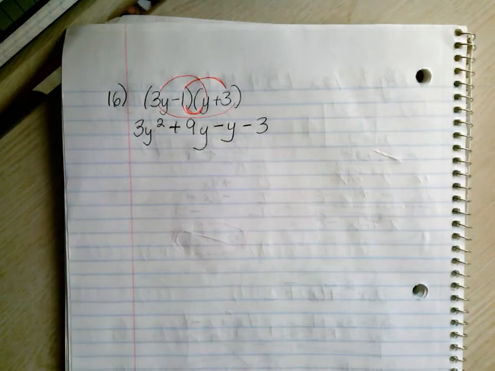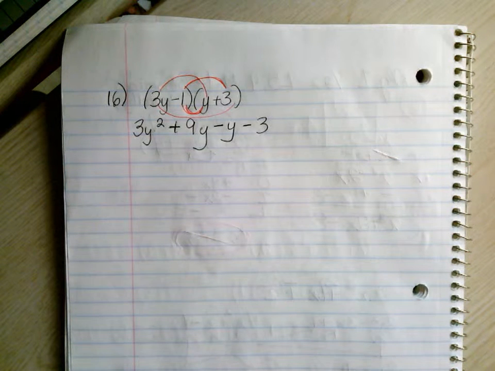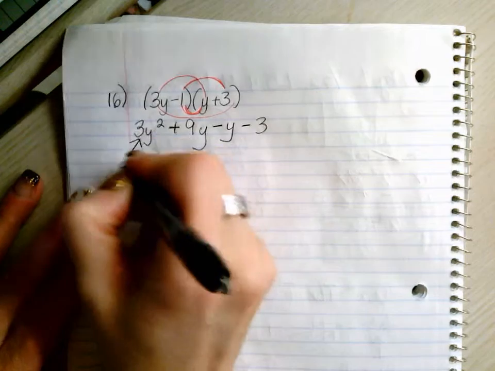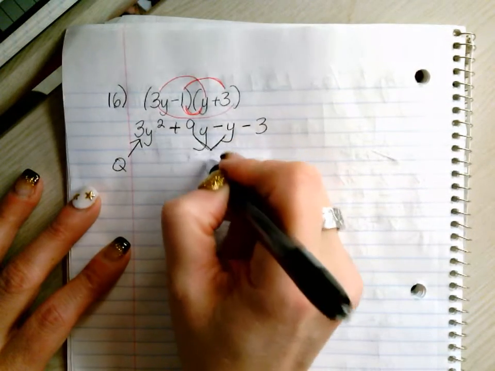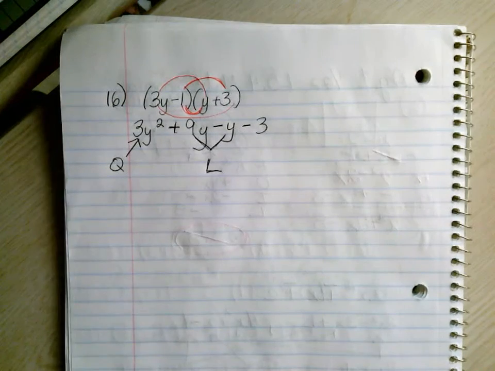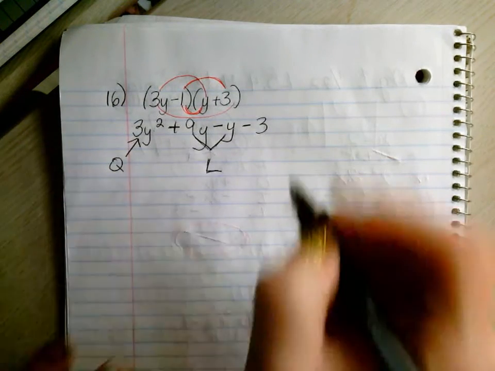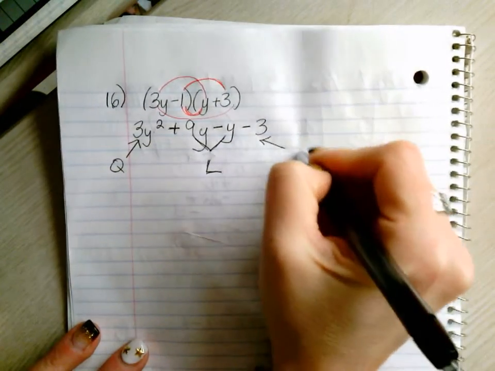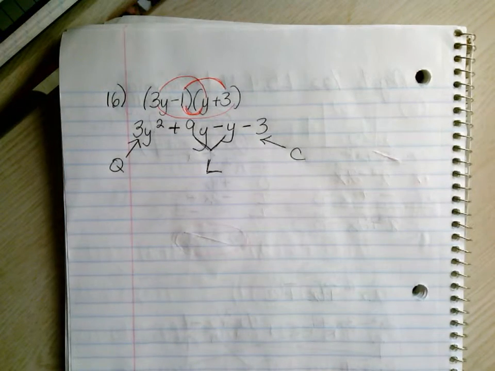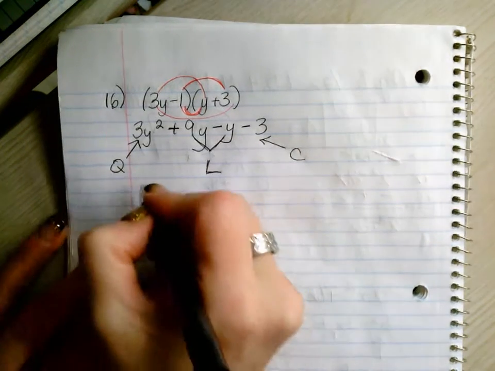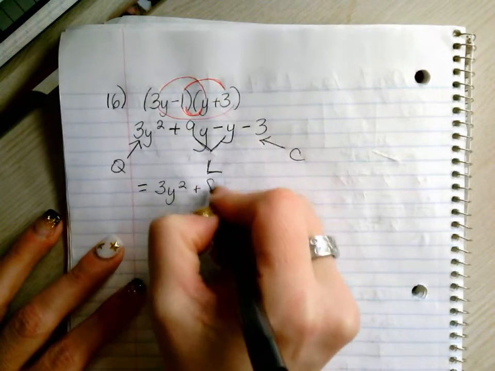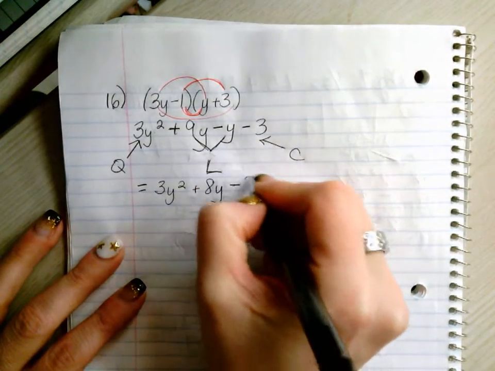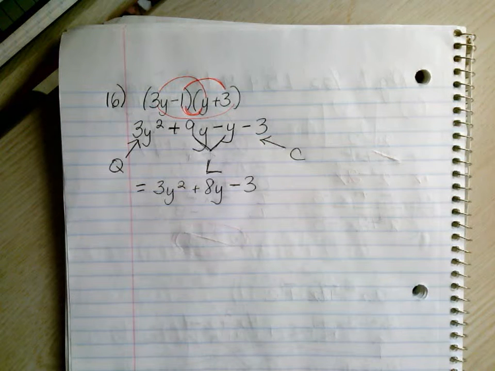Negative 3. Notice, right now I have 4 items, right? This is your quadratic. These 2 are your linear that are going to get added together. And this is your constant, okay? Which, once we add those linear terms together, I have a final answer that looks like that, okay?